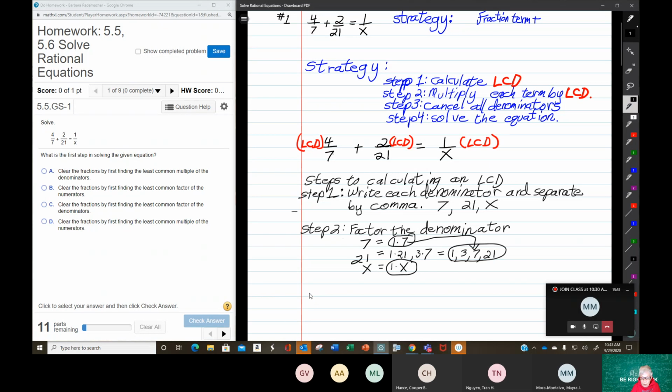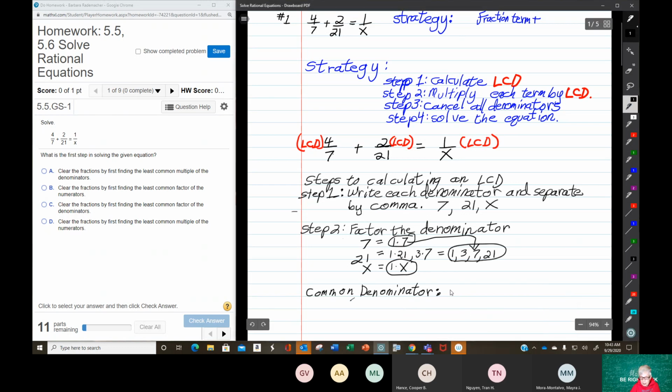So while you could write a common denominator like this, notice it's not lowest, just any old common denominator. The way you do that is you just multiply the denominators.